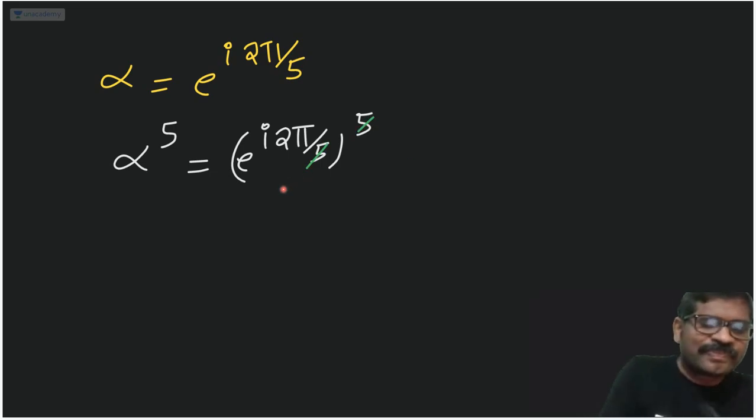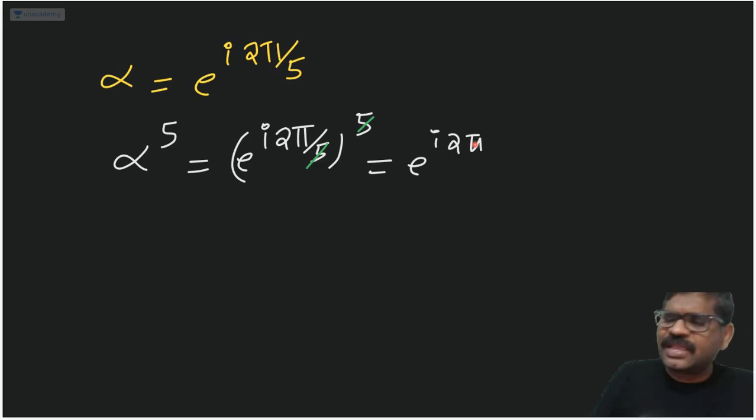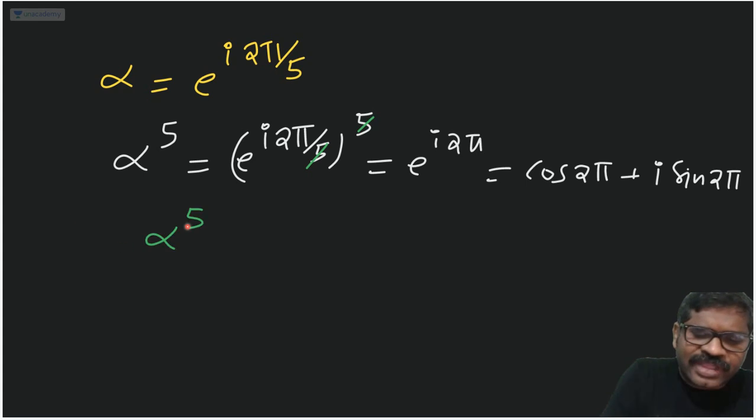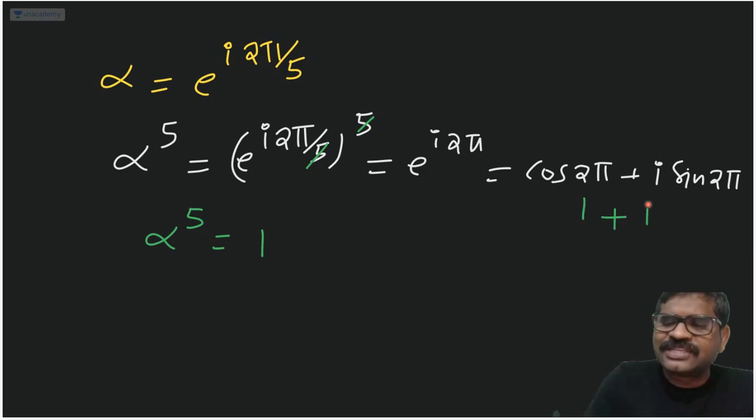Now alpha power 5 equals e power i 2π, which is cos 2π plus i sin 2π. Alpha power 5 equals 1, because cos 2π is 1 and sin 2π is 0. That's why alpha power 5 is 1.